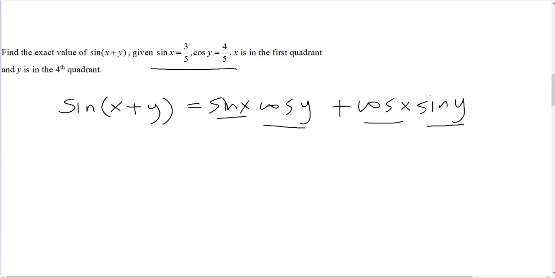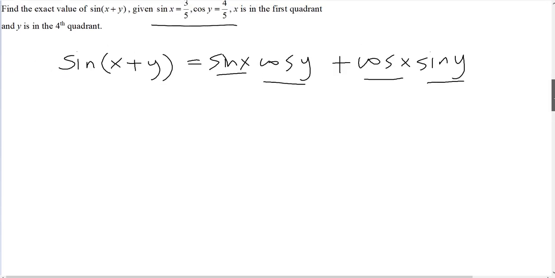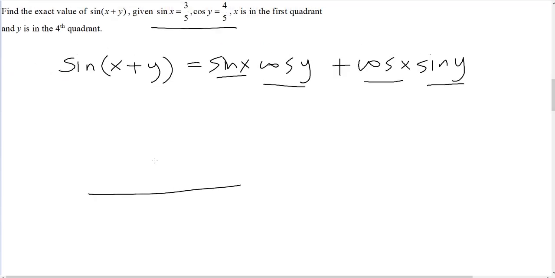So here I will draw the angle x, which is in quadrant 1. So the x angle is right here. Sine is opposite over hypotenuse. So that means 3 is here and 5 is the hypotenuse right here. So sine x equals 3 over 5 gives you this right triangle.